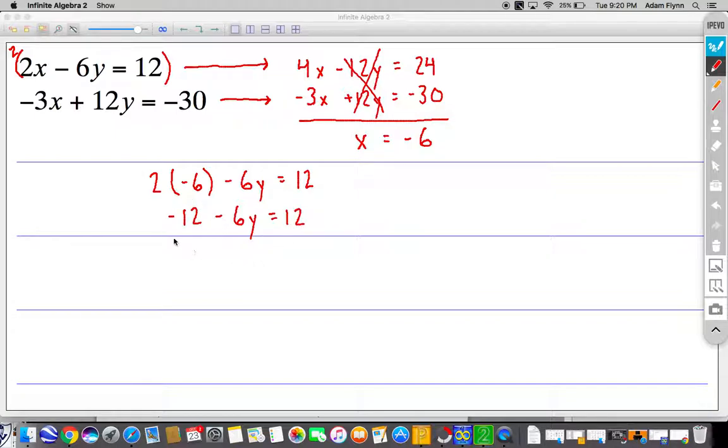To get rid of negative 12, I'll add 12 to both sides. When I do that, negative 12 plus 12 cancels out, so we're left with negative 6y equals 12 plus 12, which is 24.